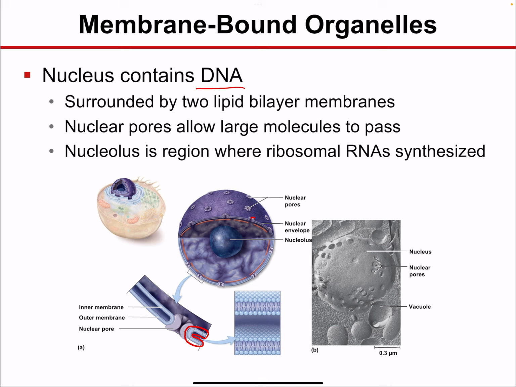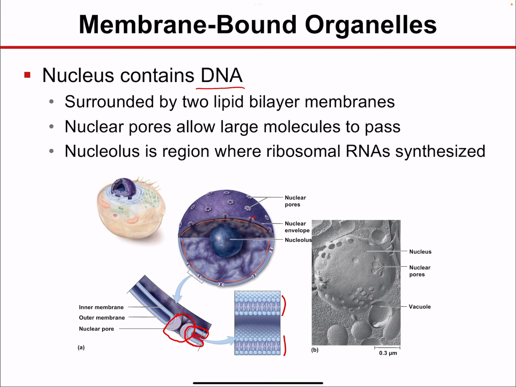Okay, so we have a folded membrane. So that's one membrane and the second membrane here. And you have here some nuclear pores. These nuclear pores are essential to allow chemicals in and out of the nucleus.